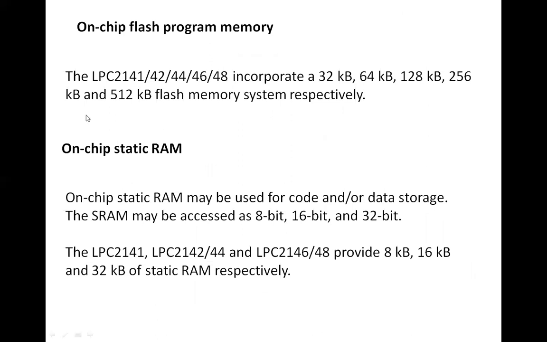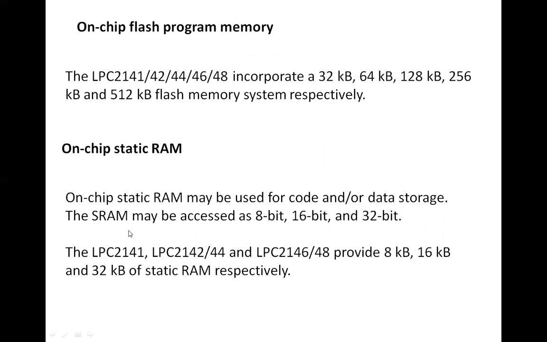Similarly, you can see it has on-chip flash memory. As I gave you an idea about the memory in the features, here it is also listed. LPC2148 incorporates 32, 64, 128, 256 or 512 KB flash memory.